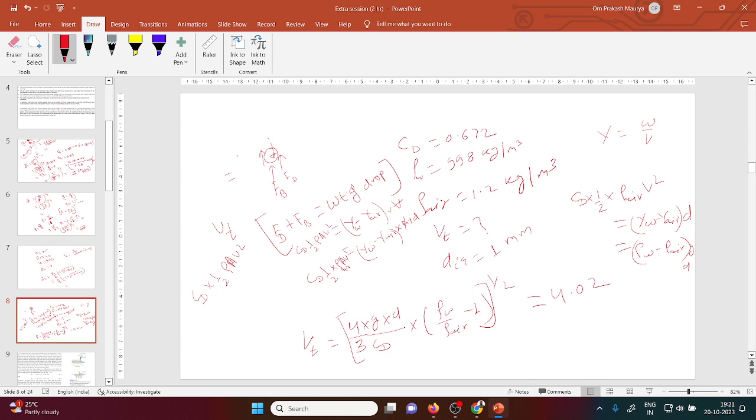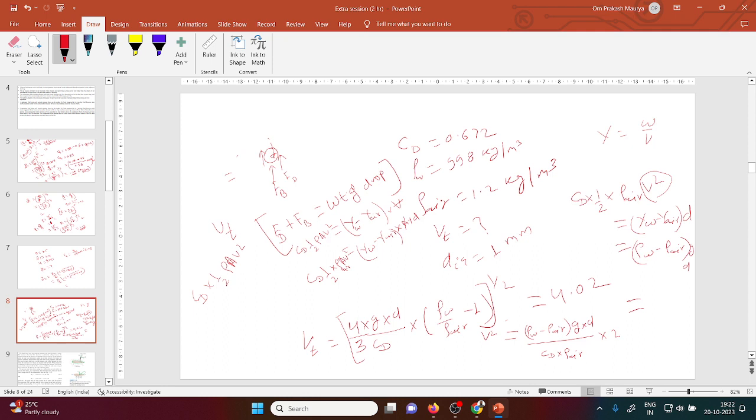Let me write here very clearly. So V square I want to keep this side. So V square is here. And what is remaining? Rho of water minus rho of air into G into D divided by CD into rho of air, and your 2 will come here, right?